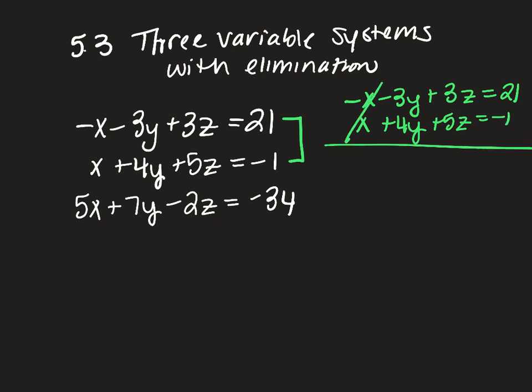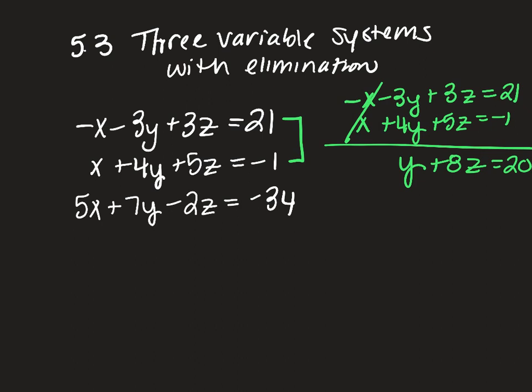All right, so the x's cancel. Negative 3y plus 4y is just y. 3z plus 5z is 8z. And 21 and negative 1 is 20. All right, so that's our first equation.